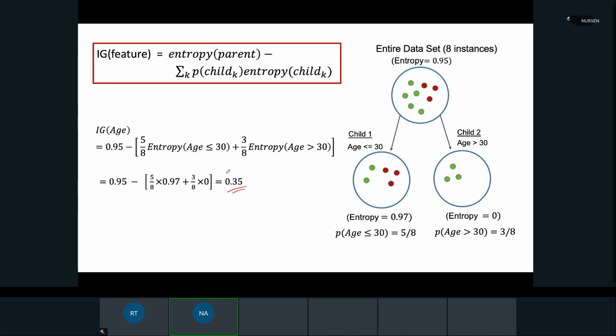In the best case, this value can be 0.95, and age actually gives us an information gain of 0.35. But we need to think about other features in our data set to understand whether age is informative enough to include in our model.